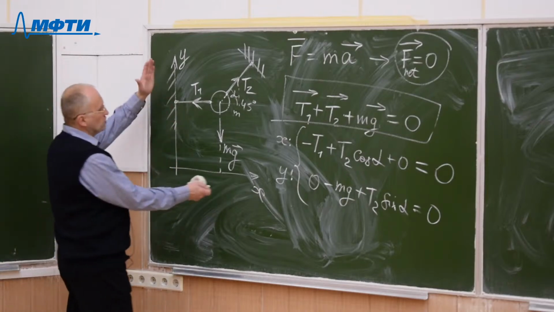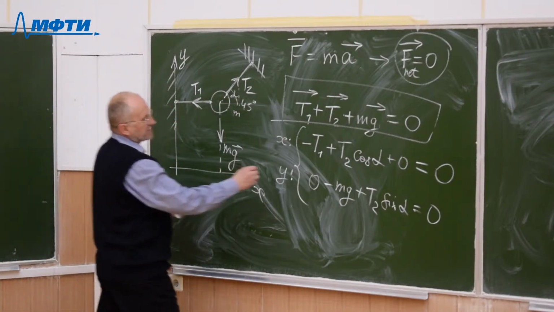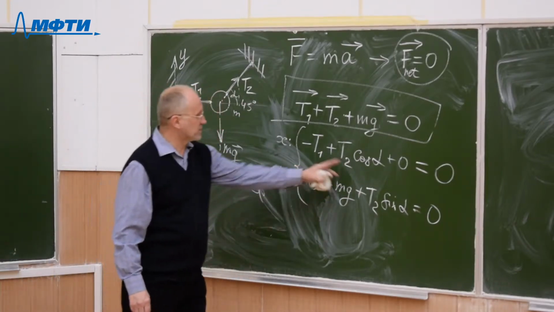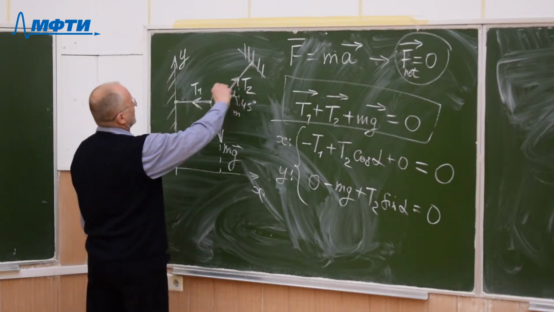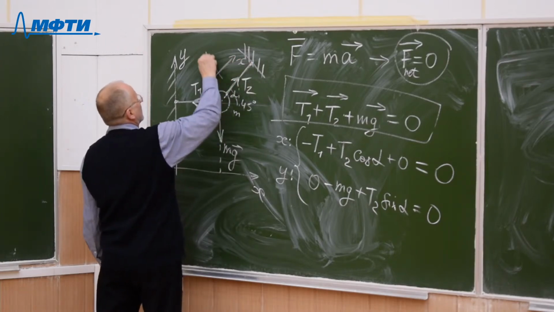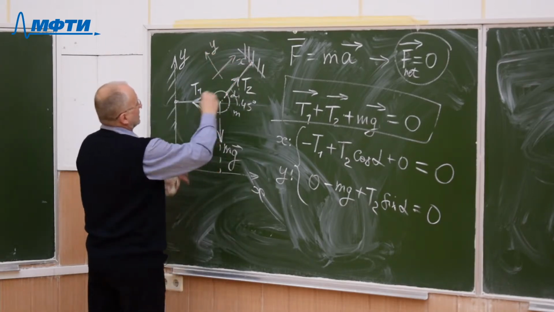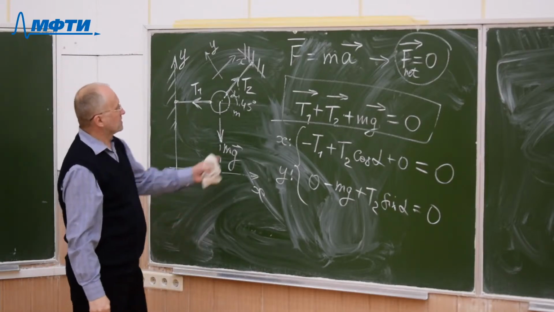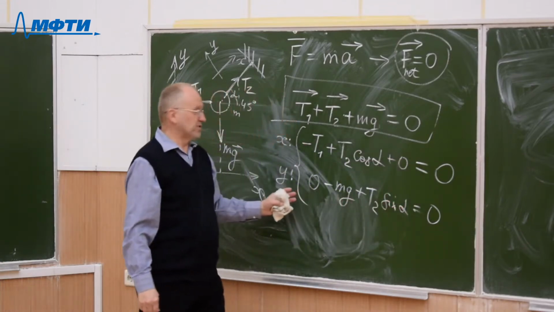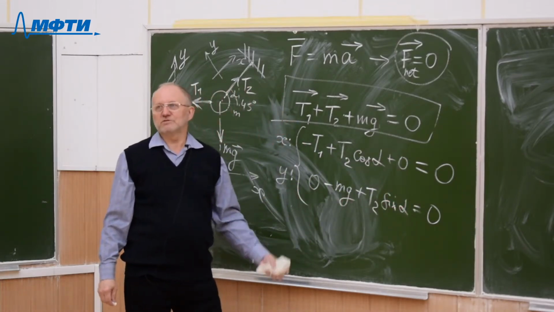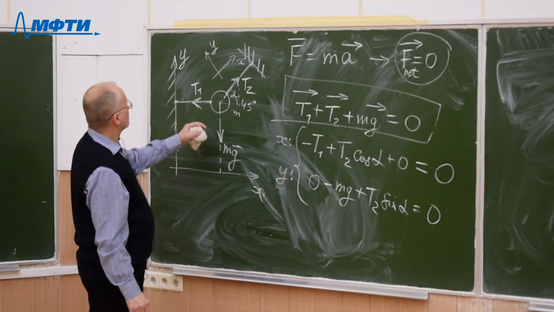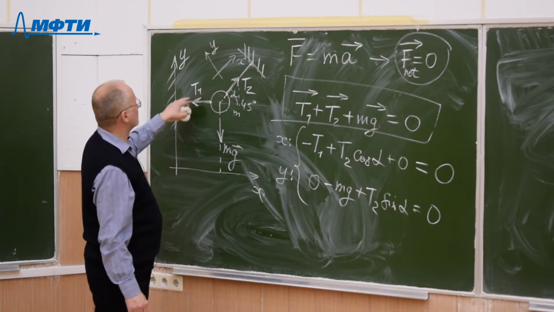Certainly, if we choose different axes, then the scalar equations will be different. They will have different terms here. We could have chosen some other axes, for example, axes like this, x and y. In this case, the coordinates of each vector would be different and the scalar equations would be different. But the final solution for the magnitudes of these forces of tension will be the same.